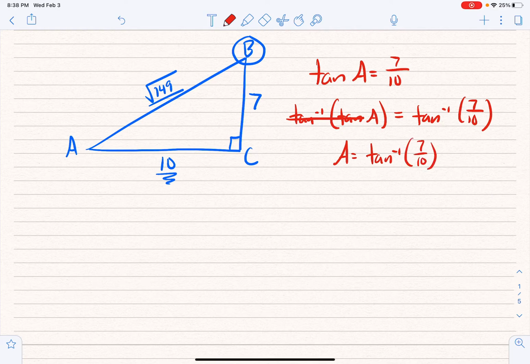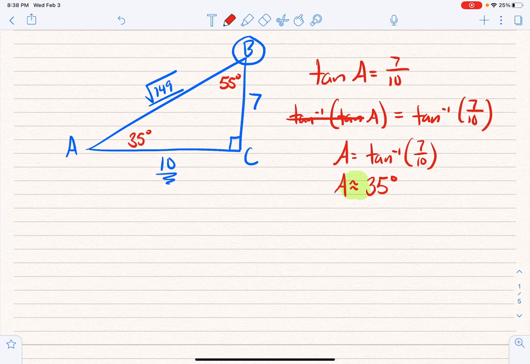So that's when I grab my calculator and I hit second and then tangent, and I put 7 divided by 10, close the parentheses, and hit enter. And on my calculator, I get that A is approximately 34.9920202. And so I'm going to say, well, 34.99, yeah, that's about 35 degrees. Notice I'm using this approximate symbol right here. Okay, so if A is about 35 degrees, then B would have to be 55 degrees. And I'm able to figure out these angles that quickly.